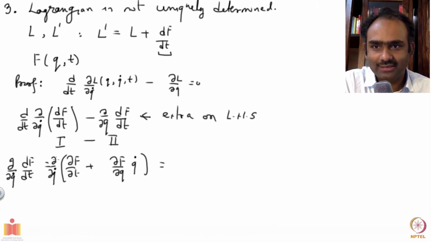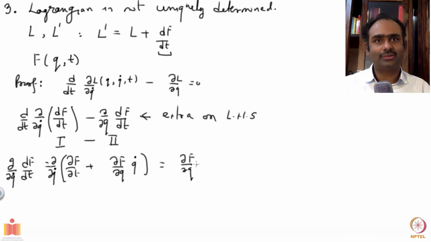So when the partial derivative with respect to the generalized velocity acts on this piece, it gives 0. Here I should use the chain rule, but because this piece does not depend on velocity, the partial derivative acts only on this q dot. So I get del f over del q times del q dot over del q dot, which is 1.